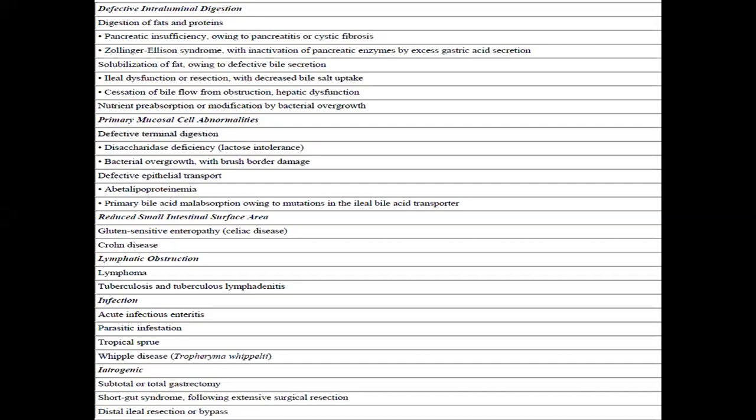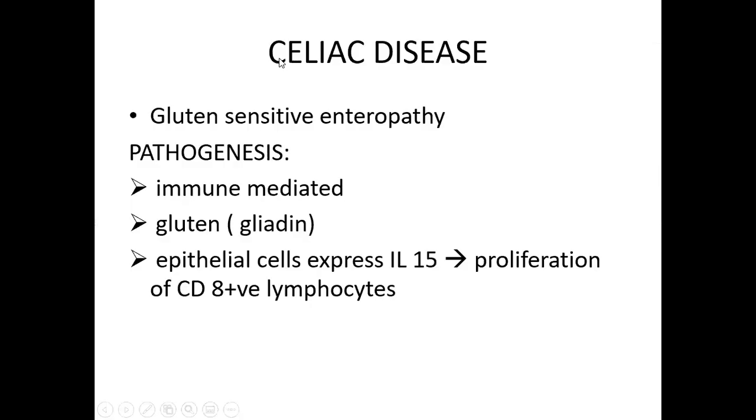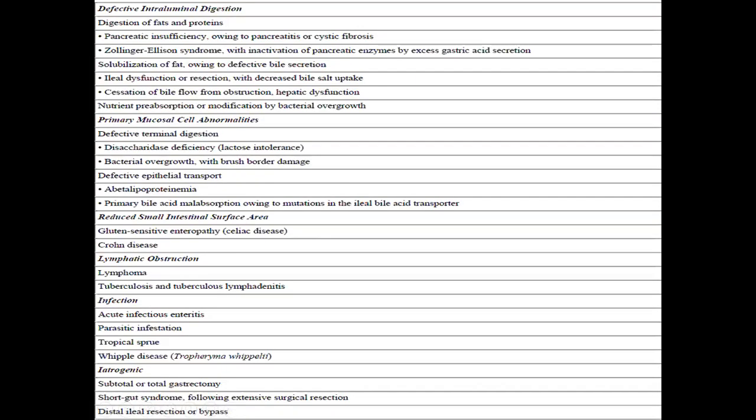So there may be defective intraluminal digestion, that is, digestion of fats and proteins may be defective, and this may be due to pancreatic insufficiency owing to pancreatitis or cystic fibrosis. Then there may be Zollinger-Ellison syndrome with inactivation of pancreatic enzymes by excess gastric acid secretion.